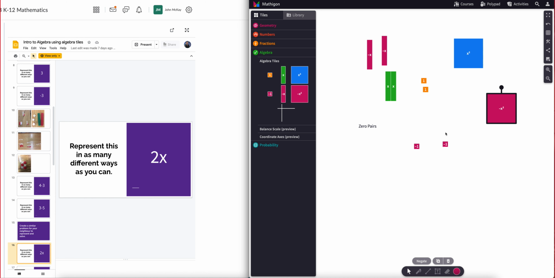Okay? As long as we operate under that notion, that just simply means that I can put the like terms, if you will, together, right? I can put the little squares together because they're like terms. I can put the rods together because they are also like terms.